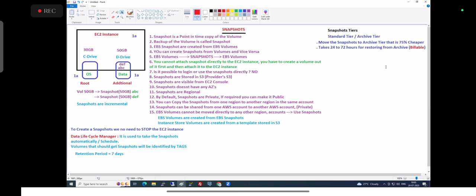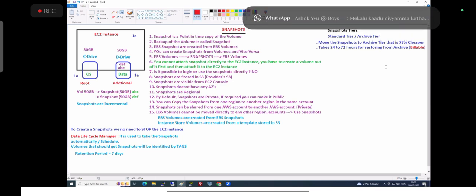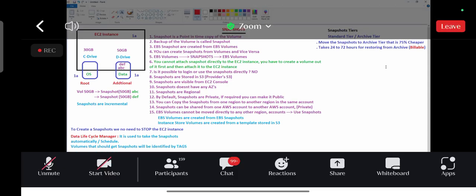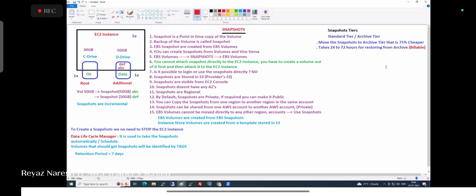Parameters are nothing but configuration. If you create lifecycle manager, there you can have a retention period. I didn't get your question, Sheshadri. Can you please put the question clearly?